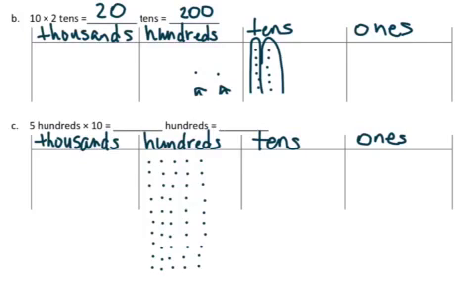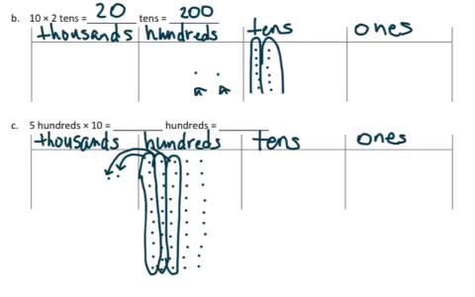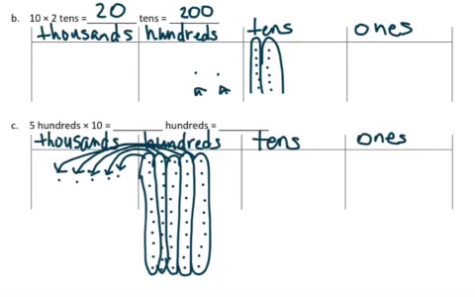Okay, so in the hundredths column, we obviously have more than 10, so we're going to do some regrouping, and again, we can just show that by circling our group of 10 and drawing an arrow over. So we can see that 10 hundredths is equivalent to 1,000. So 5 hundredths times 10 is 50 hundredths, which is equal to 5,000.